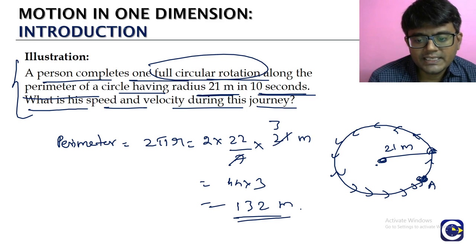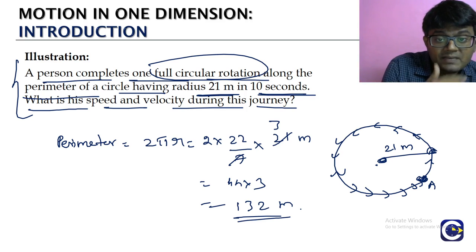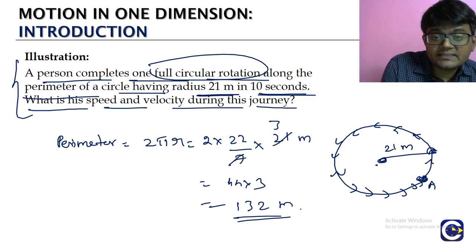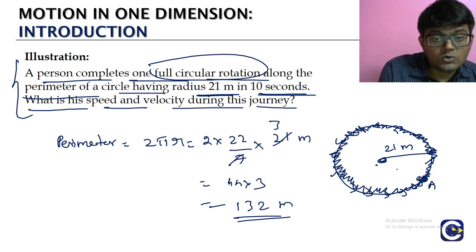So this is the perimeter. What is this perimeter representing? It is representing the distance covered by the person, because he goes from point A all along this perimeter and comes back to the same point. So the total length of the path covered will be 132 meters.